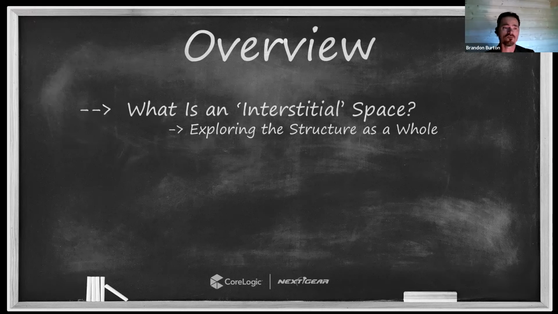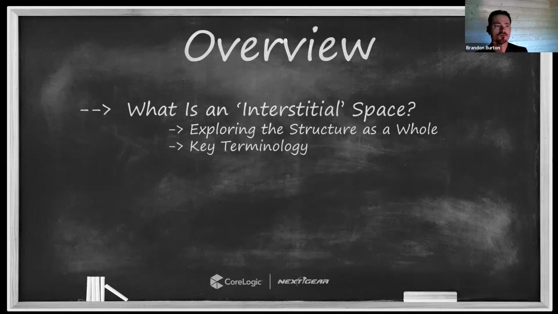Many times the challenges that we deal with in drying are far beyond what we can actually see within that environment. It's the stuff that's beyond what our eyes can see that really gives us a lot of the headache and a lot of the challenges. So our ability to think of the structure as a whole is critical in developing an appropriate drying plan, whether that be the equipment that we're using, the monitoring strategies that we're going to use, or the adjustments that we're going to make along the way. It's really critical to think much deeper than just the surface.